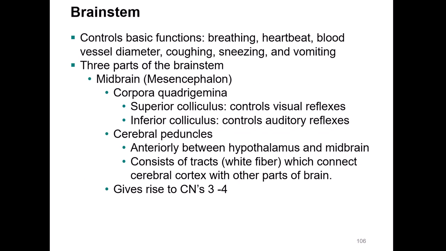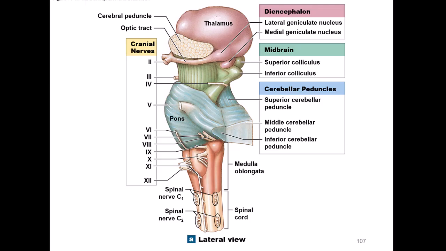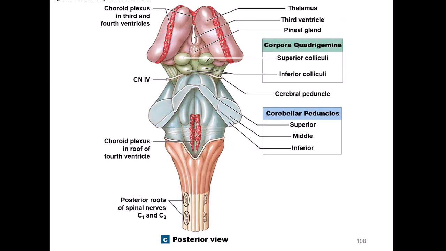So let's take a look at some of the structures of the midbrain first. There are four round bodies, four round circles known as the corpora quadrigemina. They're on the back part of the midbrain. If we look at the midbrain from the back, this is a posterior view. All of the green is the midbrain. 1, 2, 3, 4.